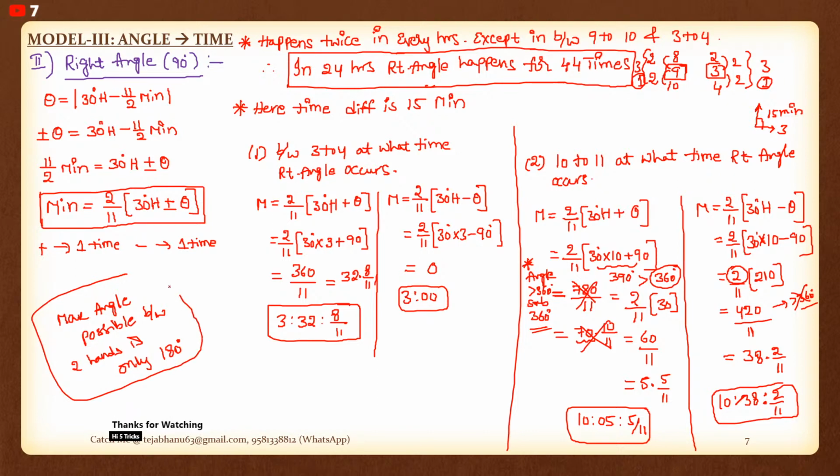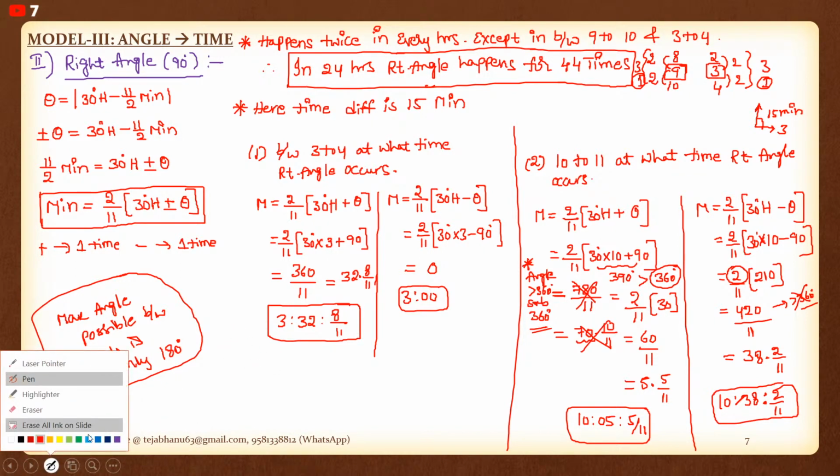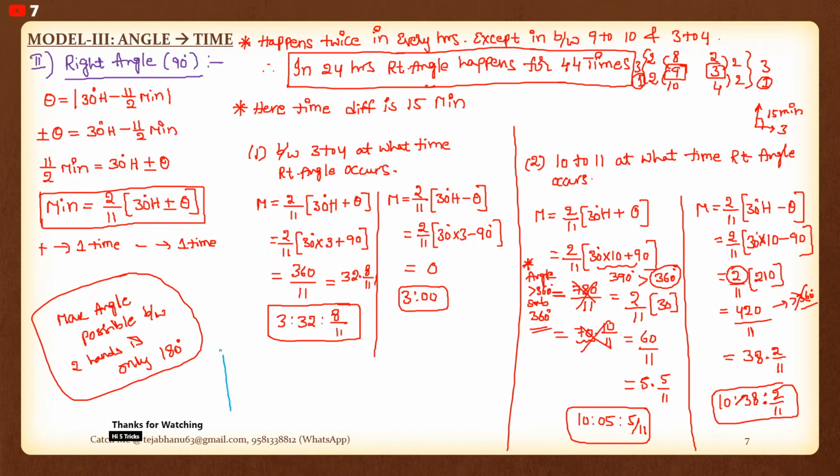Keep in mind, maximum angle possible between two hands is only 180 degrees. See, if the time is 6 o'clock, the angle possible between these two hands is 180 degrees. That is the maximum possible angle among the two hands. Keep in mind.